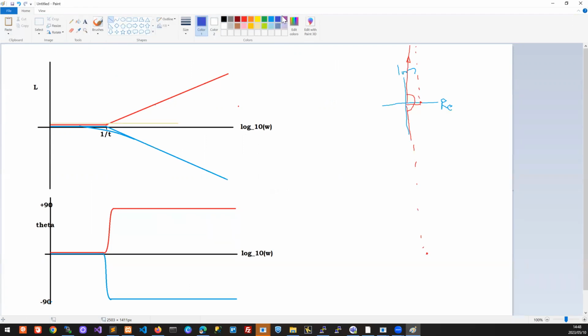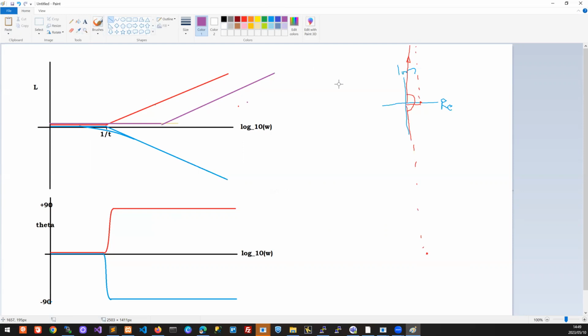So let's say we went up to this point, and that was in the numerator. So we would get another plus 20. And in this case, our crossover is here. These two lines are intended to be parallel.